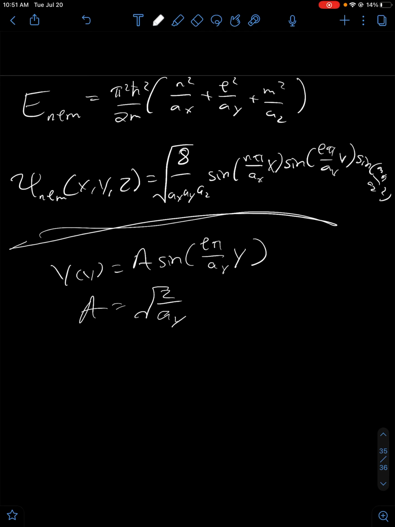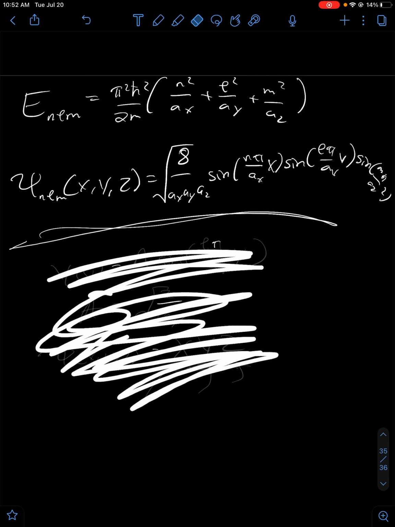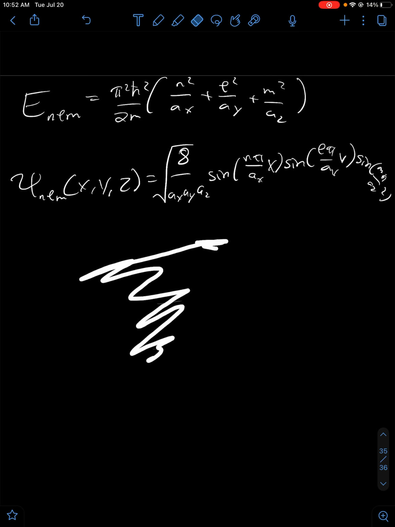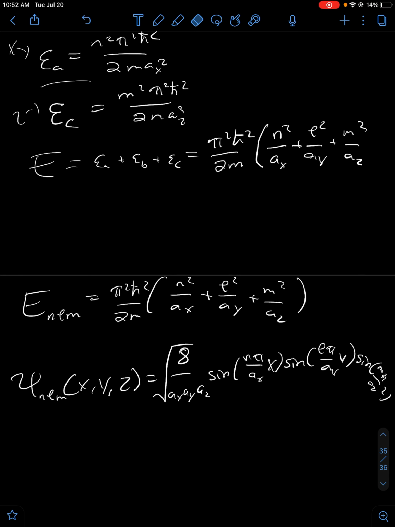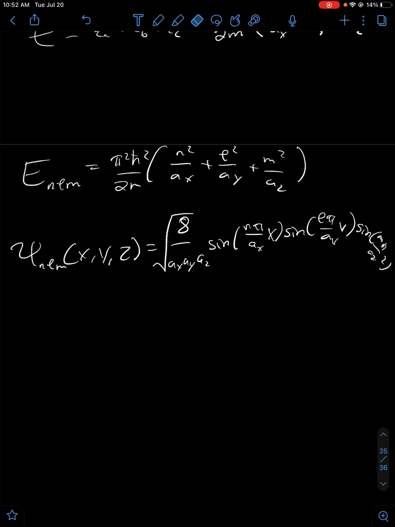From there our general ψ(x,y,z) is just X times Y times Z, and you plug all those in. So it's really trivial, and I'm not going to cover it in full, but that's our wave function. That's our answer, right? Now we can finally study the degeneracies here.